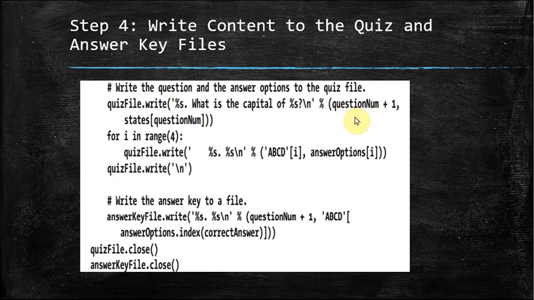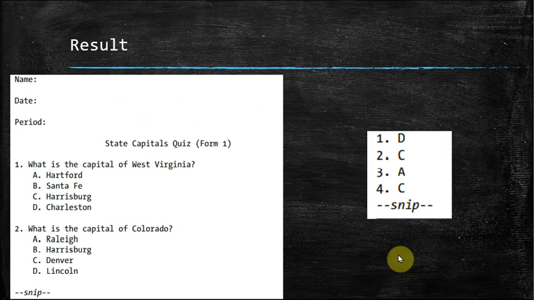Initially your question number value will be 0, so 0 plus 1 is 1, and states of question number gives the corresponding state. So this is how you're going to write the values into the question paper as well as your answer key.